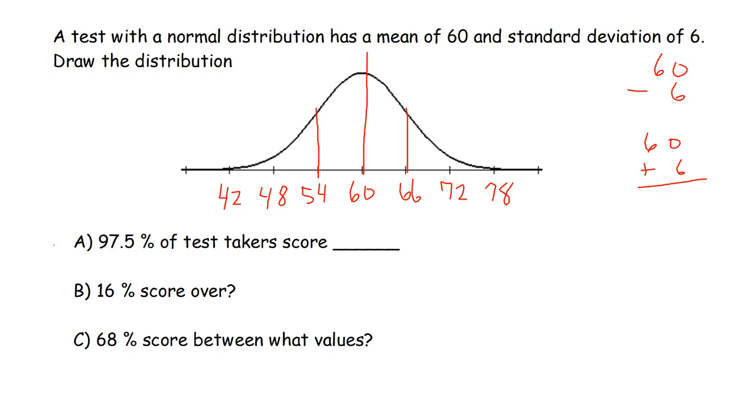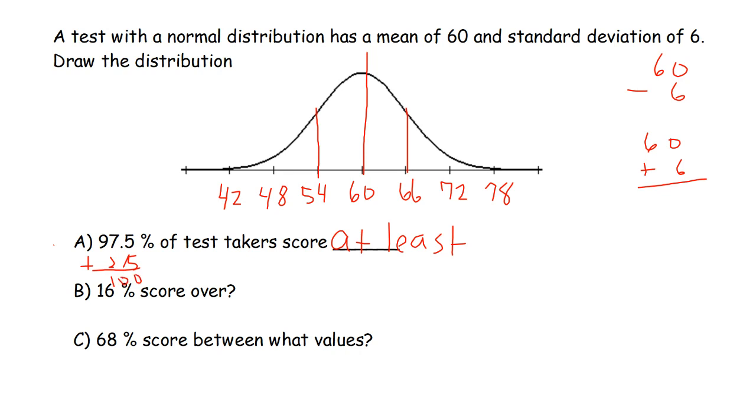So let's take a look at these answers. Again, this question here, I wrote it wrong, so let me make a correction. It should read: 90% of test takers score at least what value? Well, remember that 97.5% is the key thing, because adding 2.5% will give us 100.